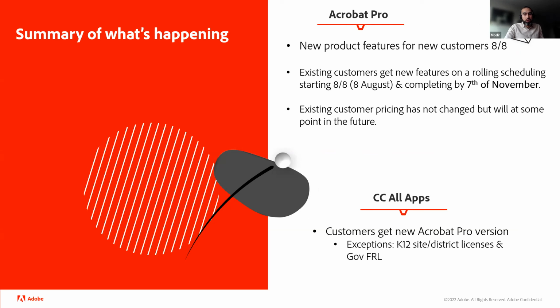And these features are also being rolled out to existing customers, completing with the last rollout on November 7th. And after the 7th, all Acrobat Pro customers in VIP will have access to several functions and tools from Acrobat Sign. Customers who are on Creative Cloud All Apps on VIP also get the new Acrobat Pro functionality. There are some exceptions to this, and it is primarily for K-12 and FRL customers who will not have these features as of today.